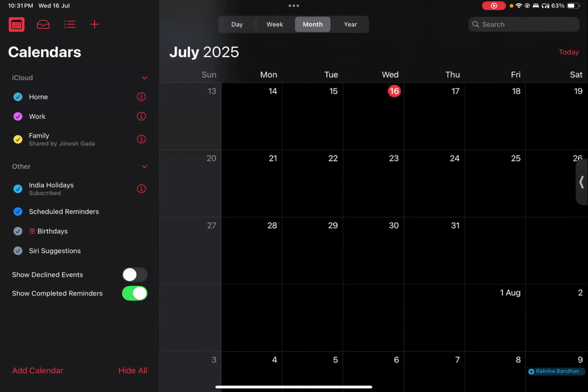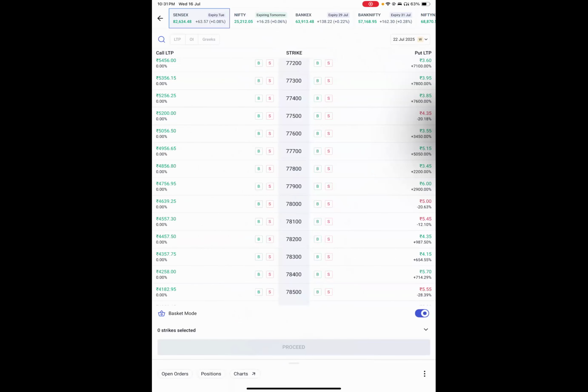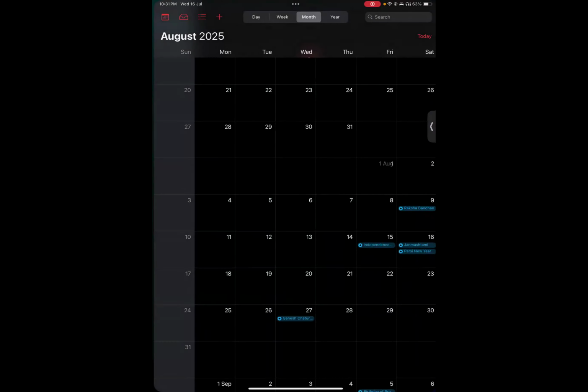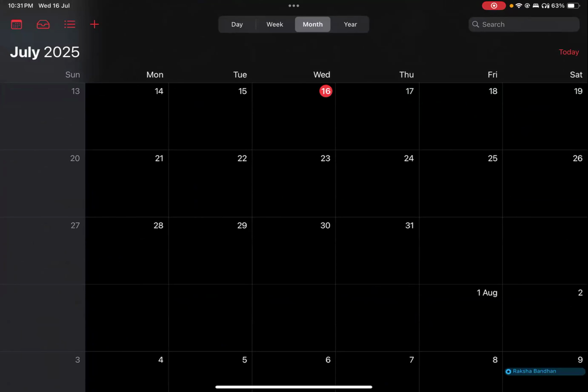Now let's come to the Sensex. Sensex expiry is coming on 22nd July, which is a Tuesday, guys.